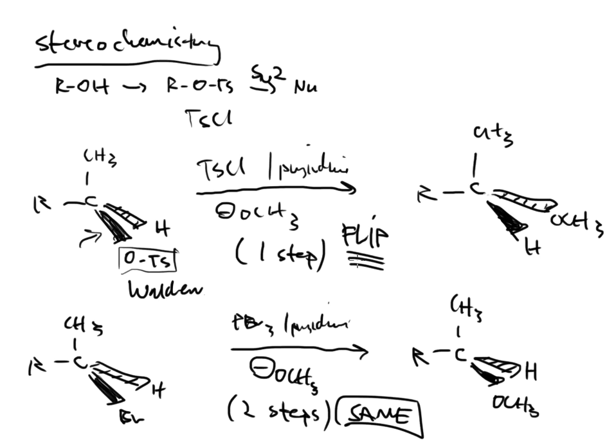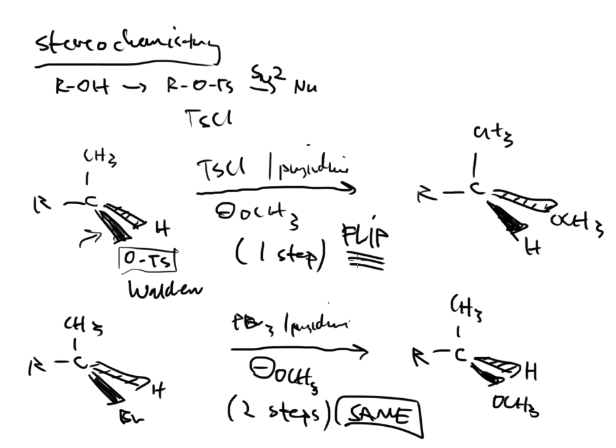So this is one of the things that we have to keep in mind as far as the tosyl goes, because this is what happens with every single one of them. Not just with the benzene ring and the methyl group. Any of those sulfonyl chlorides will do this. It will only flip once before my new incoming nucleophile goes in. The others, though, that we've talked about, it's a two-stepper process.